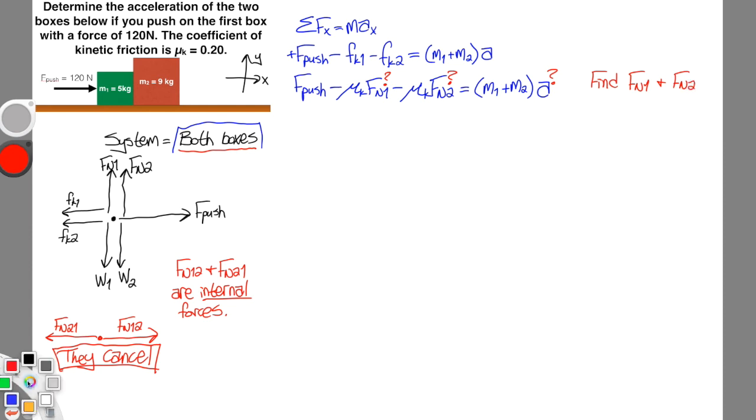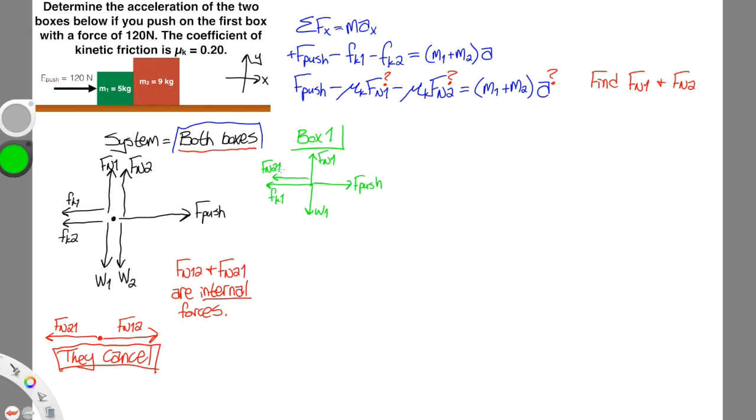So I'm going to do these in green. The only way to find Fn1 and Fn2 will be to go back to looking at just box 1 as our system. And remember, the free body diagram for box 1 had Fn1 pointing up, weight 1 pointing down, the push force acting to the right, kinetic friction 1 acting to the left, and Fn21 acting to the left.